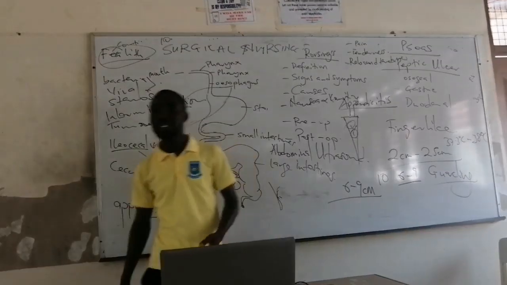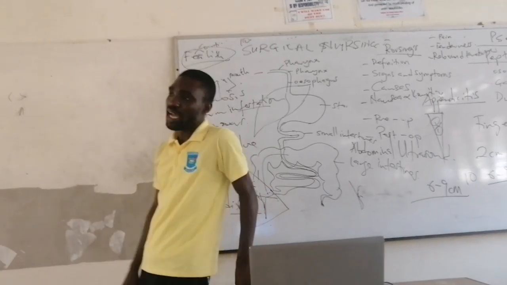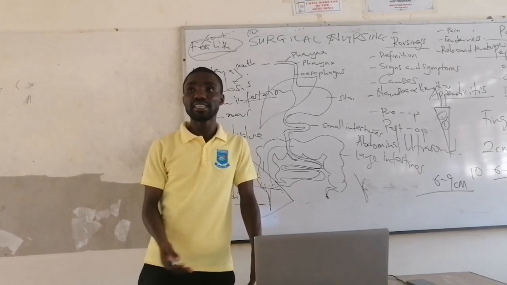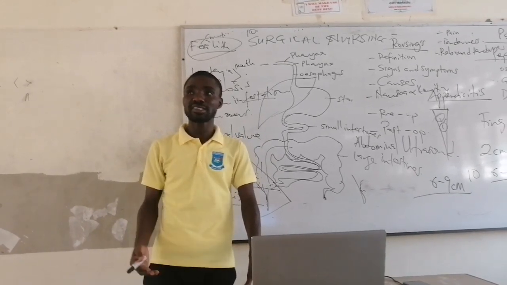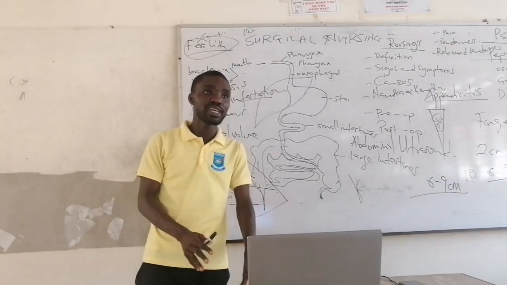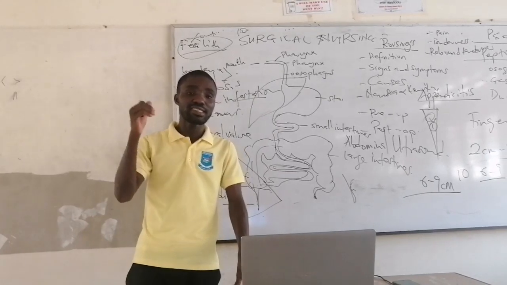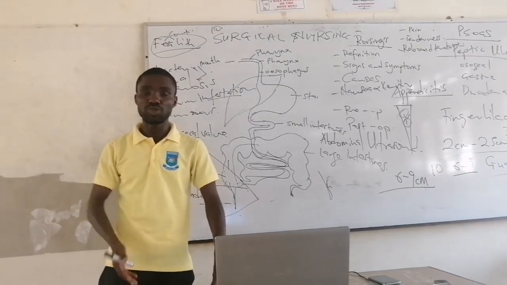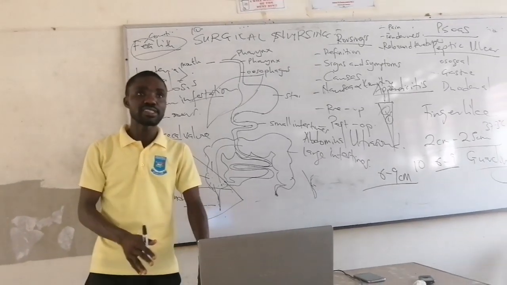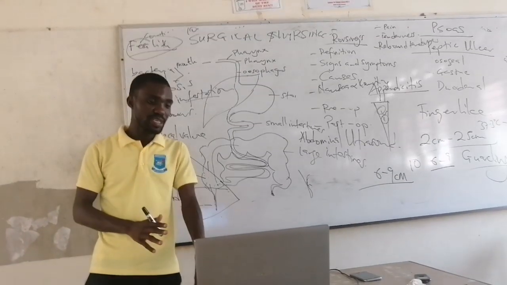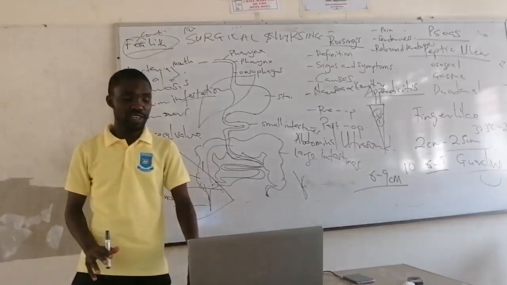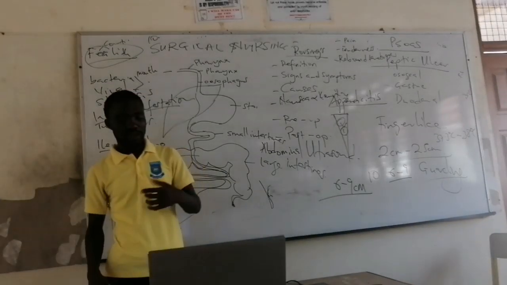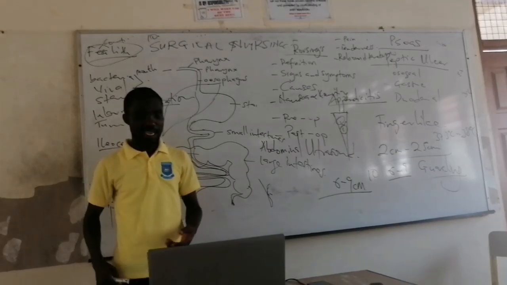Most of the time with appendicitis, the doctor can start with medical treatment. So sometimes they start by giving some antibiotics to prevent the infection from occurring, and then some corticosteroids, which are anti-inflammatory agents to stop the inflammation. But if this fails and the patient is still complaining of severe pains, the patient might have to go through a surgical intervention.